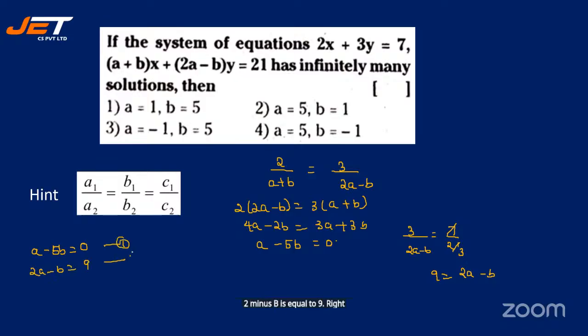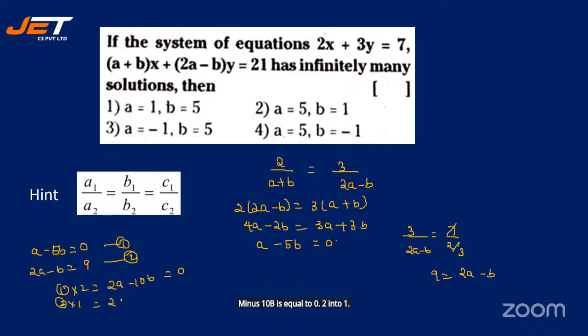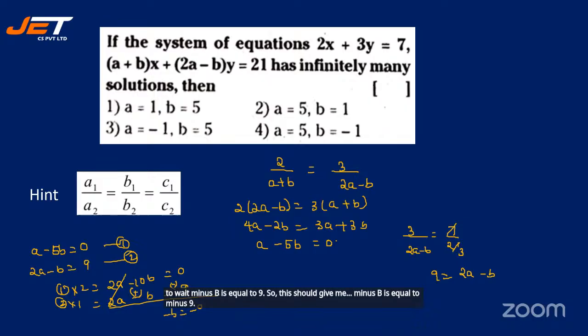So 1 into 2 should give us 2a minus 10b is equal to 0, and 2a minus b is equal to 9. So this should give me minus b is equal to minus 9. So b is equal to 9.